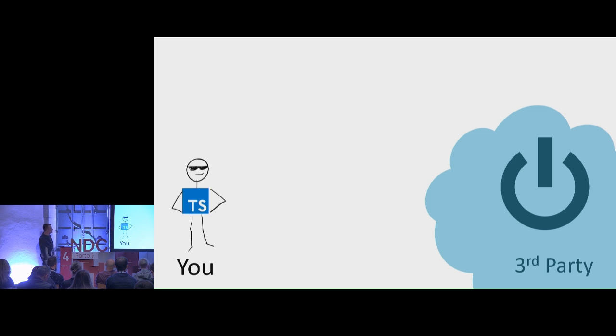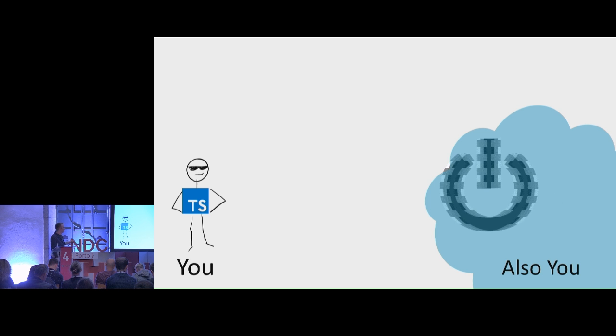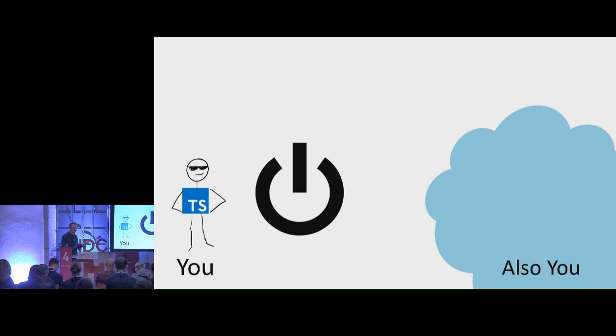So, forgive the corny clip part, the point is to move the power from the third party, or you, whoever and whatever data you're accessing, and move it to you in TypeScript. Because regardless of whether that API is under your control or not, if something changes, the objects that you've coded to in your applications will be the same.